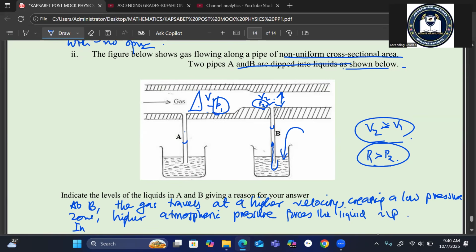In summary, the velocity above B is greater than the velocity above A.